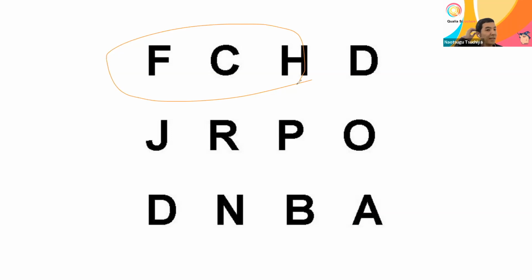Which is always interesting. When I do this demo, almost always everybody reports the letters from here and then goes this way, even if you are looking at the center.